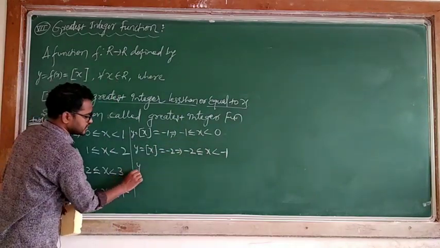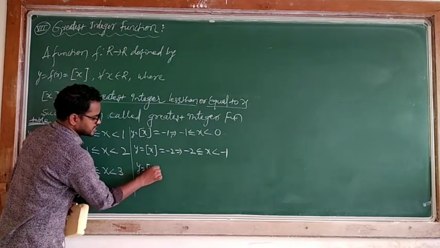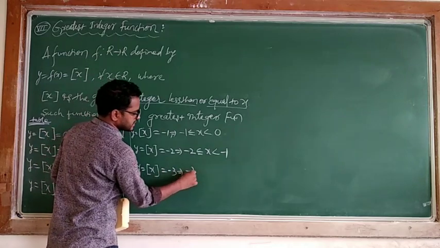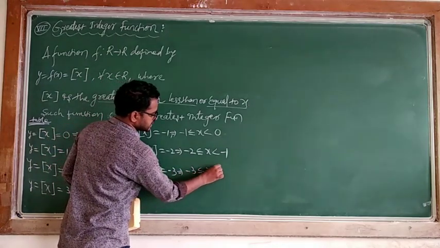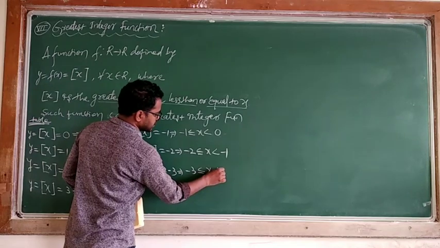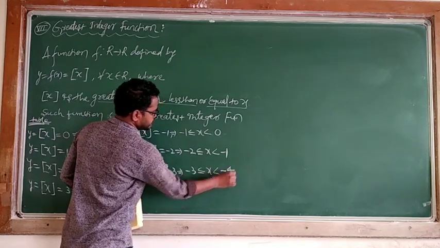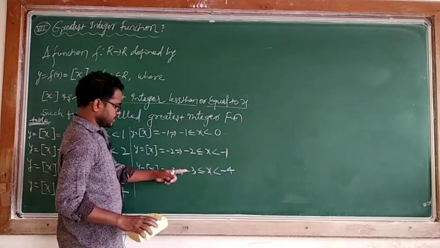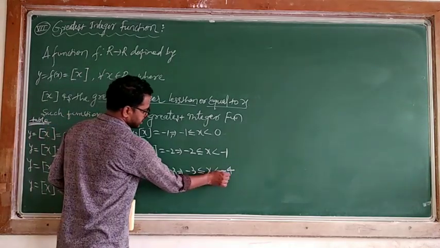If y is equal to minus 3, it implies that minus 3 is less than or equal to x, x is less than minus 2.